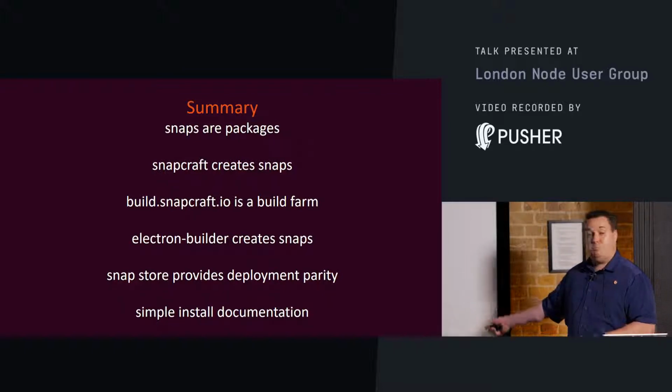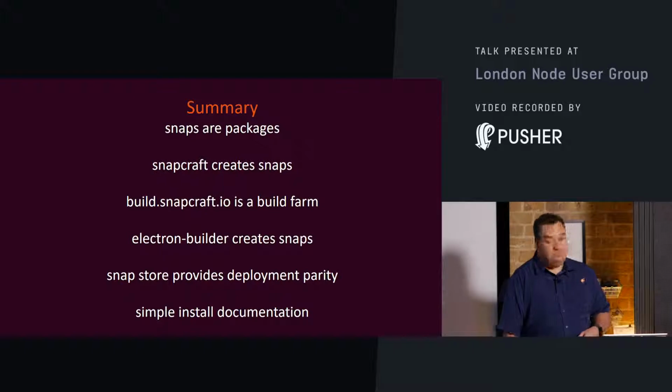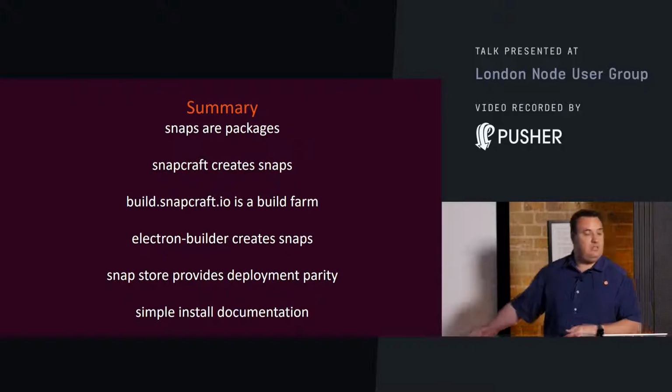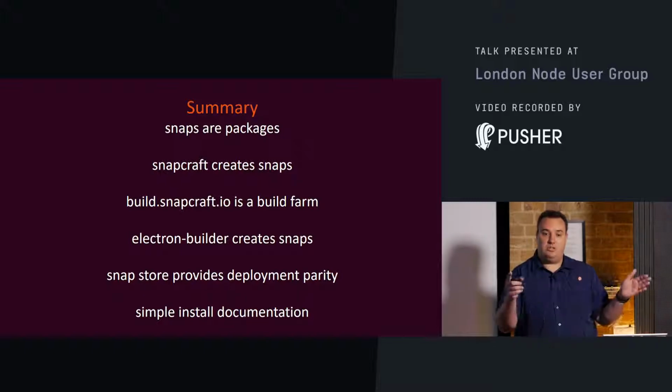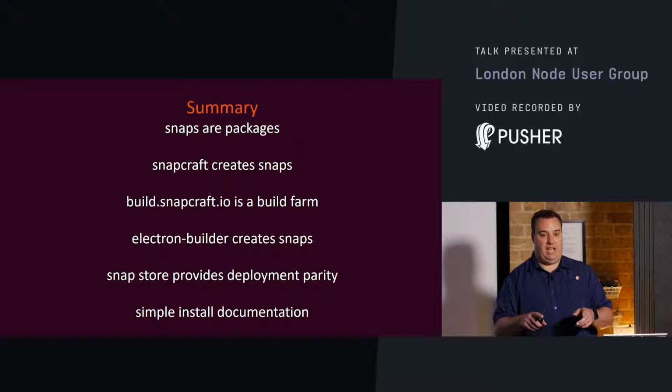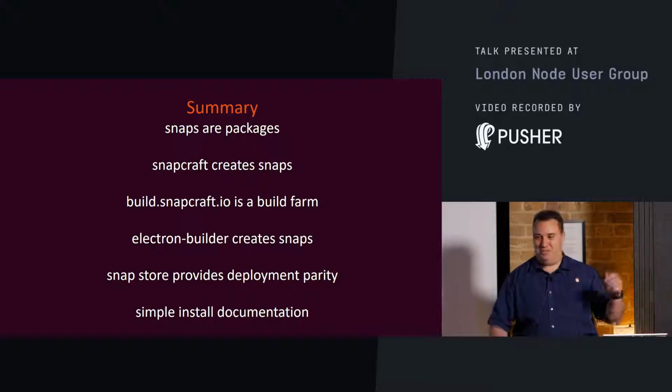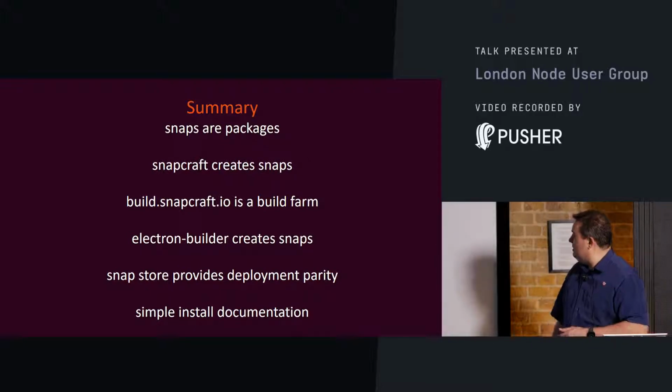The Snap Store provides deployment parity, and you get simple install documentation. So now for Linux, your install documentation can say, snap install my app. None of this npm install, apt-get this, curl pipe that, version of node, none of that.